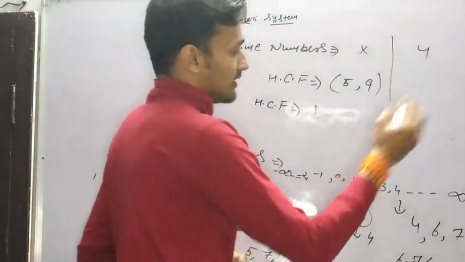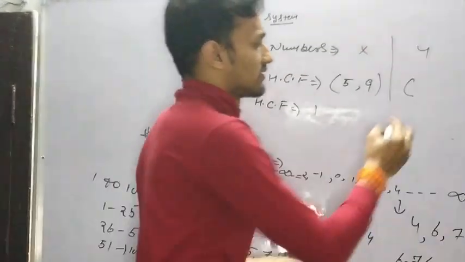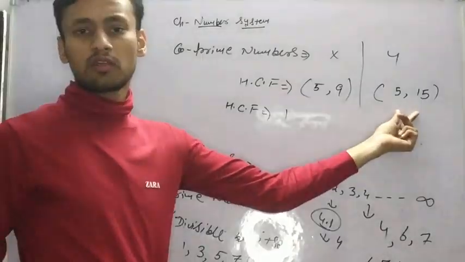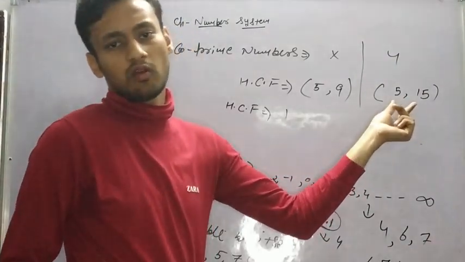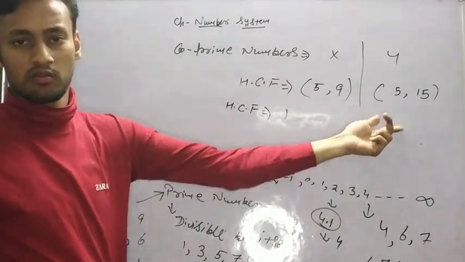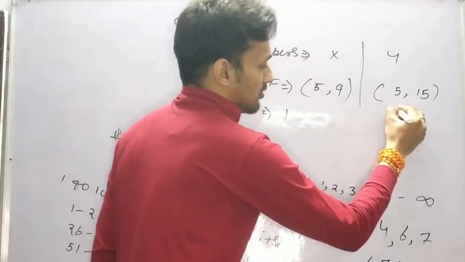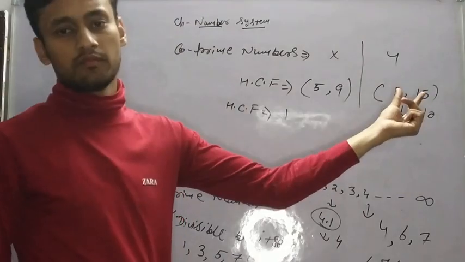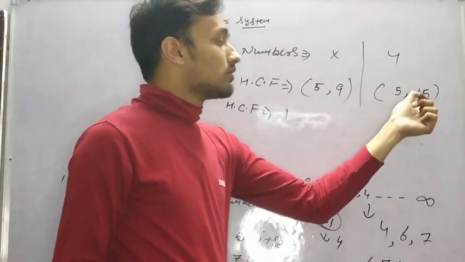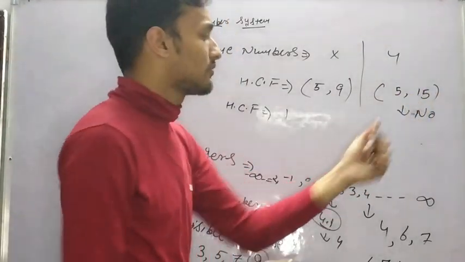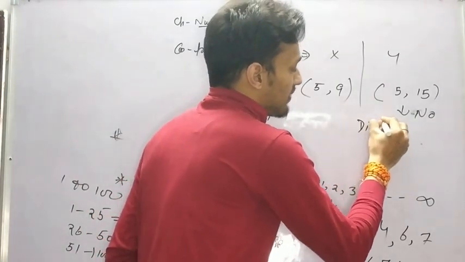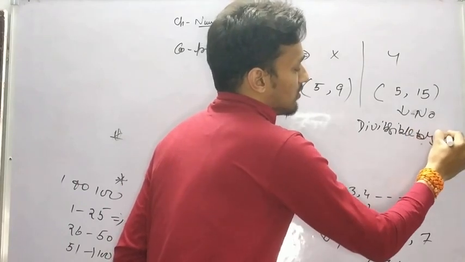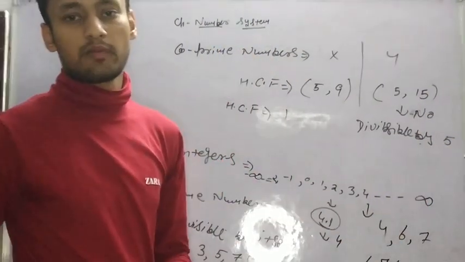Let us take another example, 5 and 15. Can those be called co-prime numbers or not? Think about it. The answer is no. Those are not co-prime numbers because both are divisible by the same number. 5 is divisible by 5, and 15 is also divisible by 5.